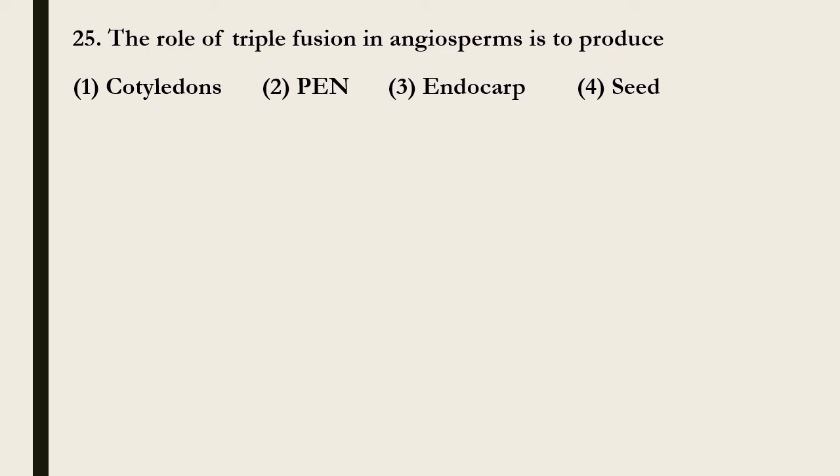So the correct answer: the triple fusion, the fusion of a male nucleus and the secondary nucleus, results in the formation of PEN, the primary endosperm nucleus.